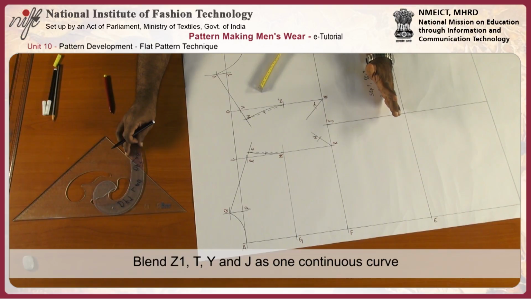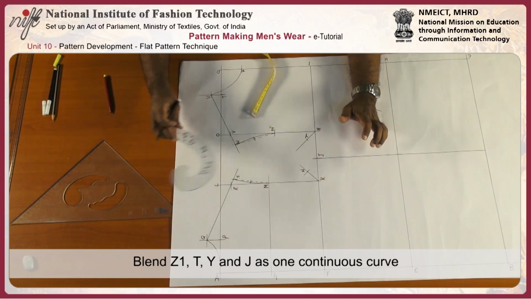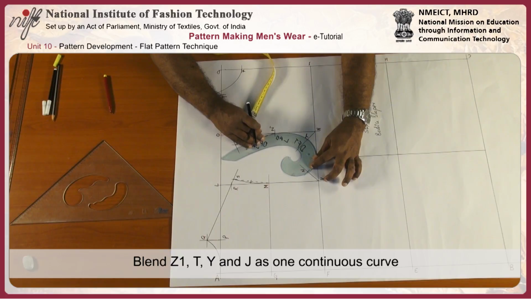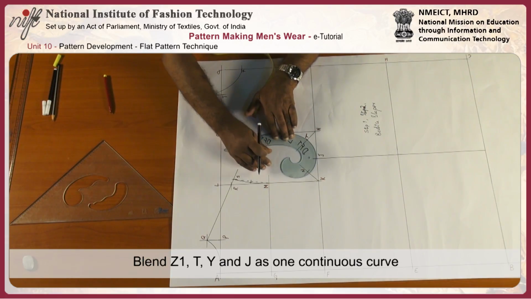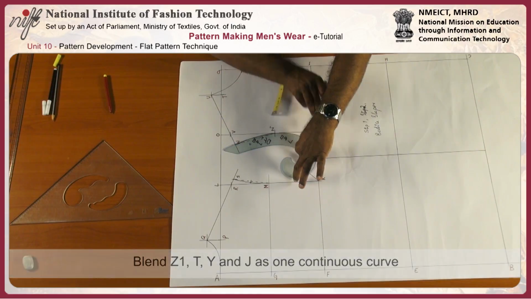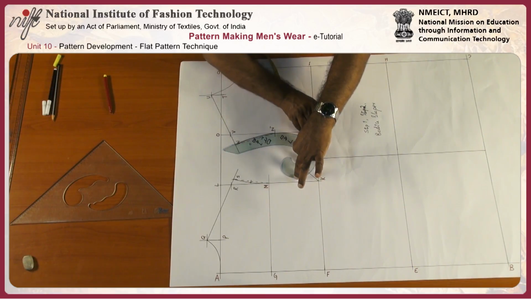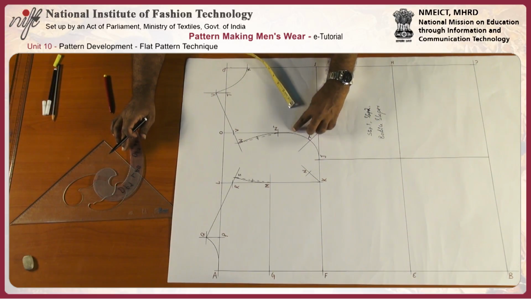Now continue with blending point Z1, T, Y and J. See, just you can follow the demonstration and connect point Z1, Y and J. Remember, this should be one continuous curve.